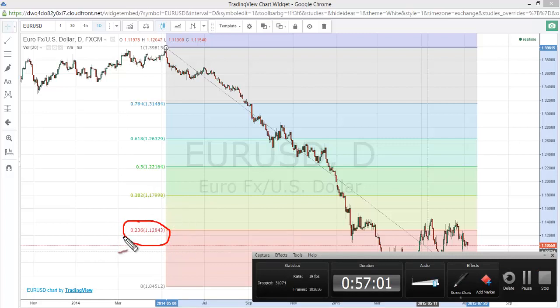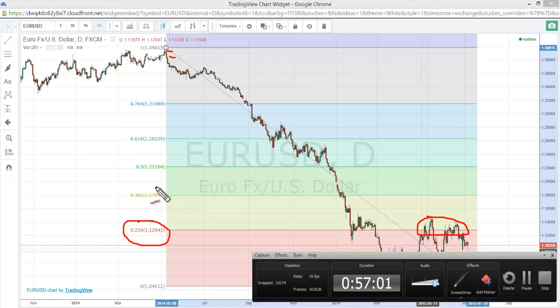That's the first level, and look, euro dollar has done amazingly there, testing and trying to break that level, where big investors that started selling up here are now picking up profits.